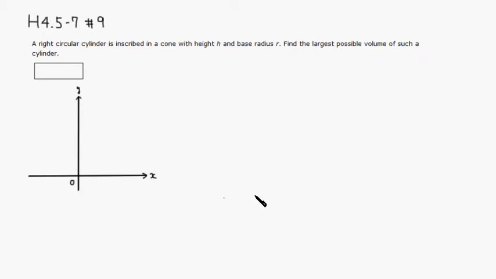Right, and the cone, so the height is h, so I'm going to put h right around there. And the radius is r, so I'll put r right here. So the cone is going to look like this.